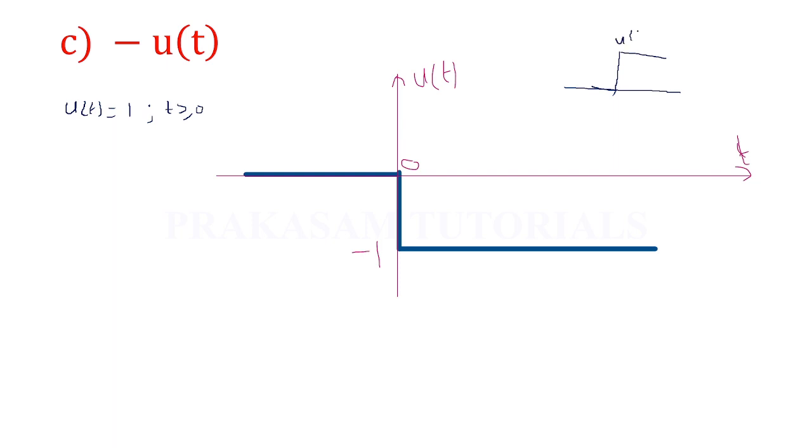Now here, minus u of t. This is the positive y-axis and this is the negative y-axis. So for minus u of t, we fold the u of t signal about the horizontal axis. Folding the u of t signal about the horizontal axis, we get minus u of t. So this is the graphical representation of minus u of t.